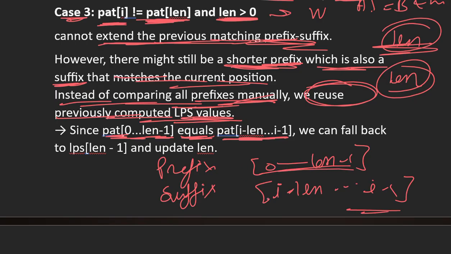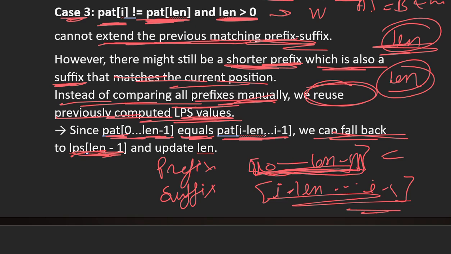So we have already matched this prefix and this suffix. So what we can do is fall back to LPS of length minus 1. That is, we will be checking in this prefix whether there is any shorter prefix which is equal to the suffix, and then we will be updating our length.